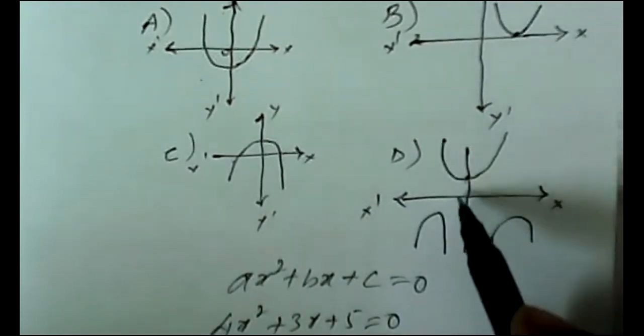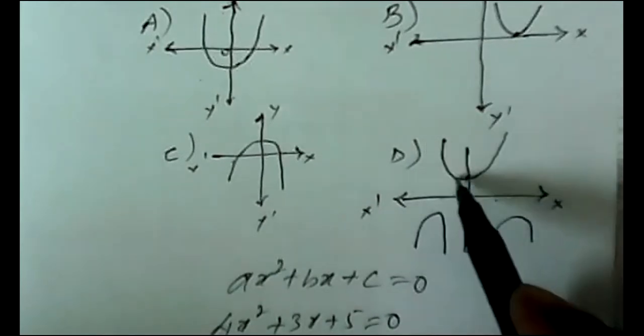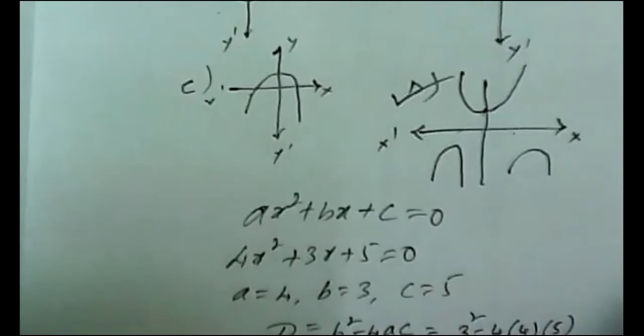Here you can see the graph is not cutting x-axis, it's cutting y-axis. So this may be the graph of this equation, or this may be the graph of this equation, or this may be the graph of this equation. Did you understand now? So answer is D. D is the right answer. Let us check it out on the graph exactly what we get by screen sharing.